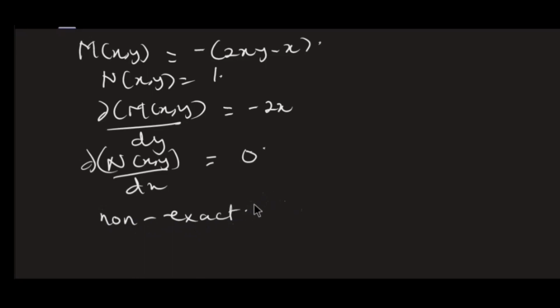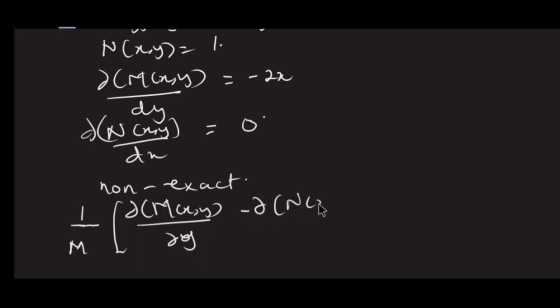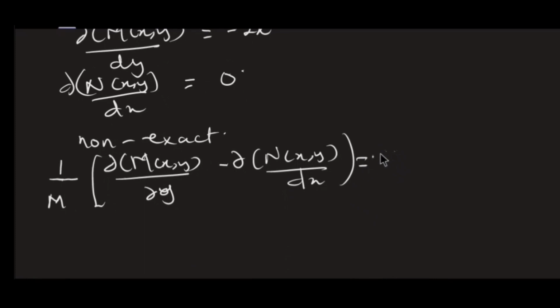How do I convert it from non-exact to exact? At this point, I use my general rule, which says that you need to find 1 over either M or N. So let's use 1 over M. So 1 over M multiplying the expression, our ∂M/∂y minus ∂N/∂x, should give us a function which is in terms of what?